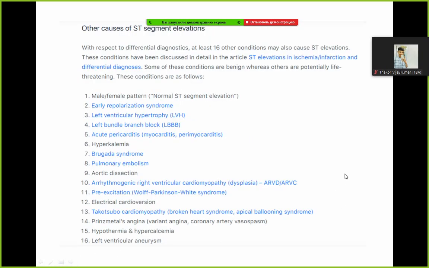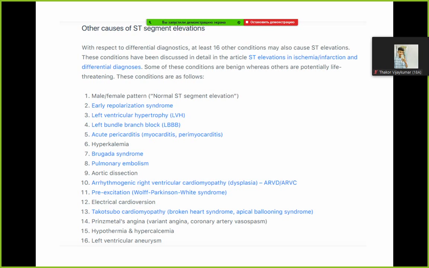But there are some other causes of ST segment elevations. These conditions may be left ventricle hypertrophy, left bundle branch block, acute pericarditis, pulmonary embolism, and some others.